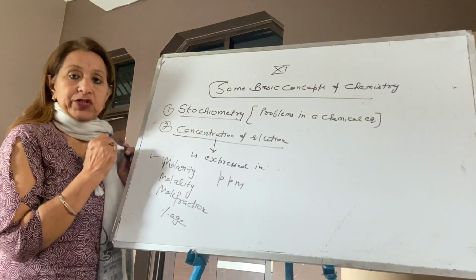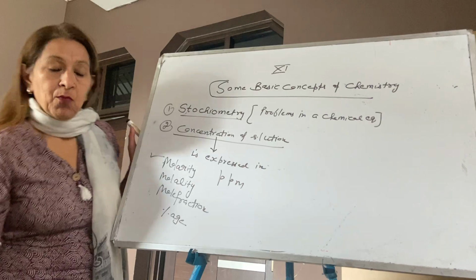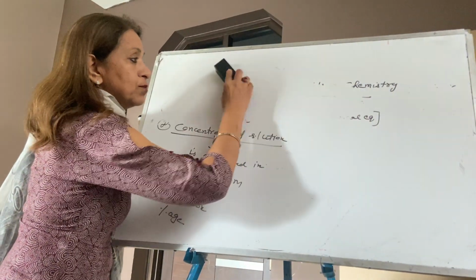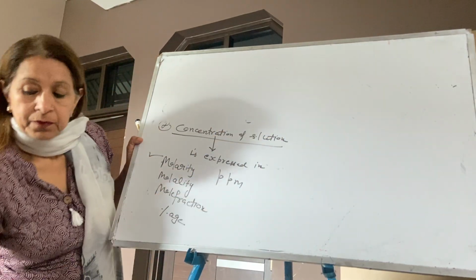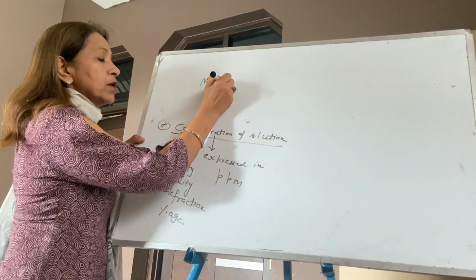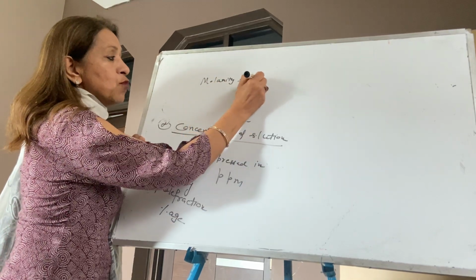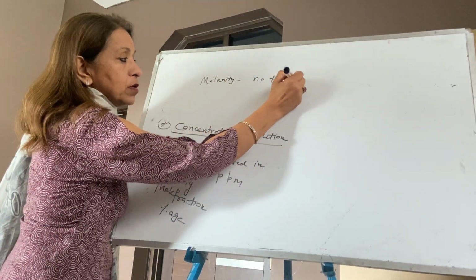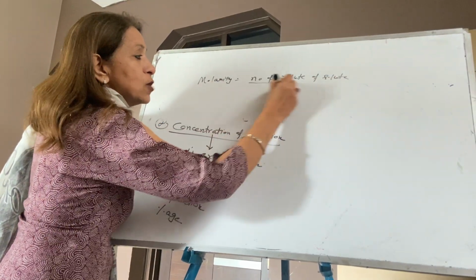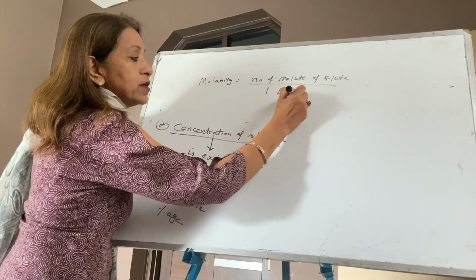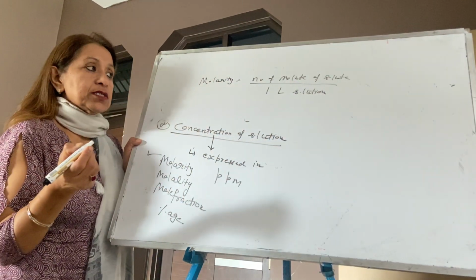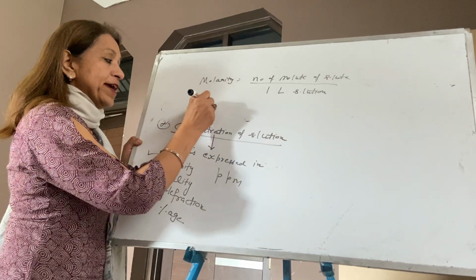Now write down molarity. So what is molarity? Molarity is the number of moles of solute present in 1 liter solution. I think you know what is a solute and solvent. So clarify it first.